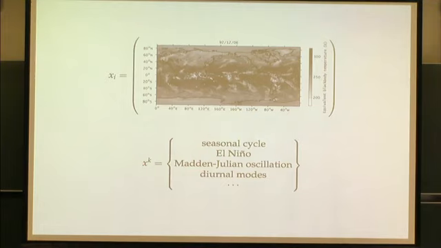Embedded in this signal, this is an image from 1992, but there is a satellite record that spans at least 3 decades, there are various processes of interest to climate scientists. I'm listing here a few, and these span multiple scales in space and time. So what we would like is to be able to extract these from the raw data doing minimal pre-processing. We want to let the data speak for itself.